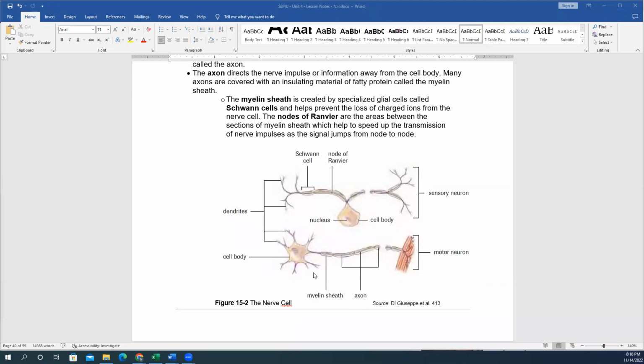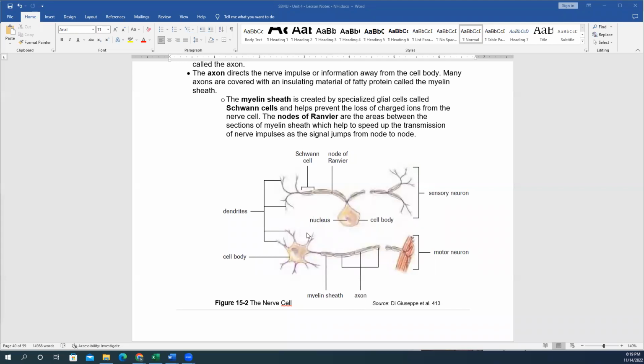And the job of this myelin sheath is to help to prevent the loss of those charged ions from the nerve cell as it's going down the axon. And then there's these spaces in between as the myelin sheath goes down the axon. And these points are called the nodes of Ranvier. These breaks at the myelin sheath.